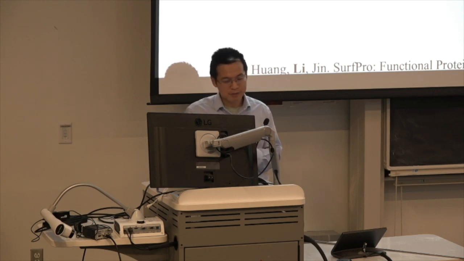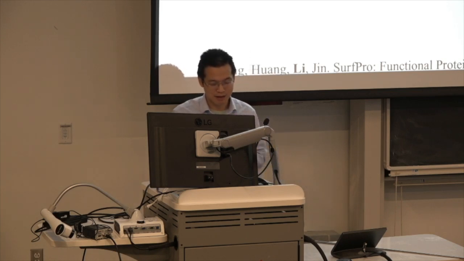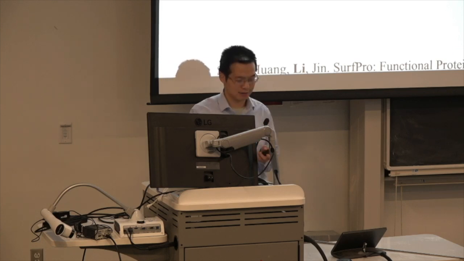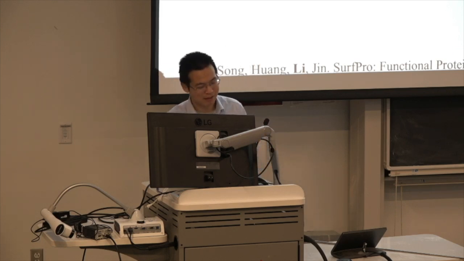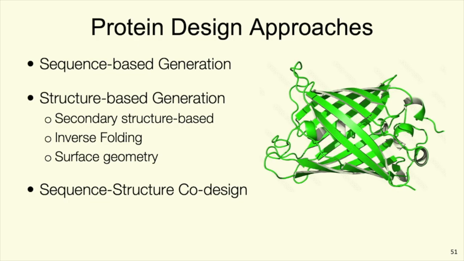And it can also be used for enzyme design. Enzymes are also important, and the surface is also important for enzyme design tasks. But we have an even better method for enzyme design. So that's the next topic I'm going to talk about: how we combine the two, how we combine the sequence and structure together to generate better proteins.